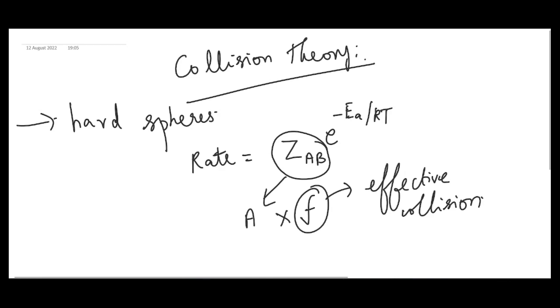Once they collide with a specific speed or specific kinetic energy, only then will it cross the energy barrier of the threshold energy and lead to the formation of the products. So not all the collisions make an effective collision. An effective collision is that collision which positively contributes to the completion of the reaction, that is the formation of the products. That is known as the effective collisions.